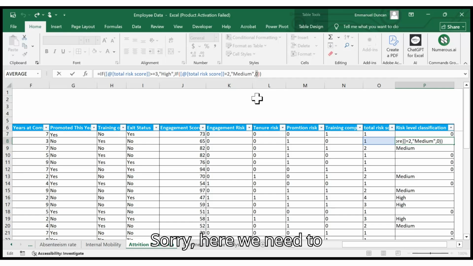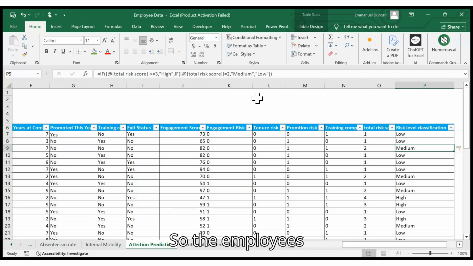Sorry, here we need to change the 0 to low. So the employees that scored 3 or greater than 3, the possibility of them leaving is higher. And those that scored 2, the possibility of them leaving is moderate.